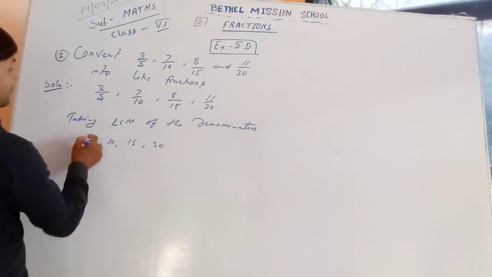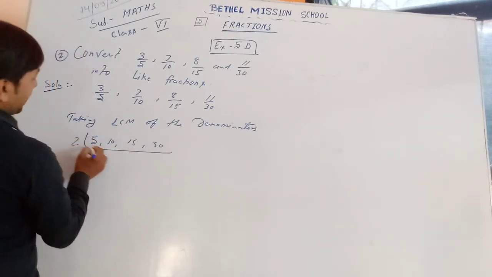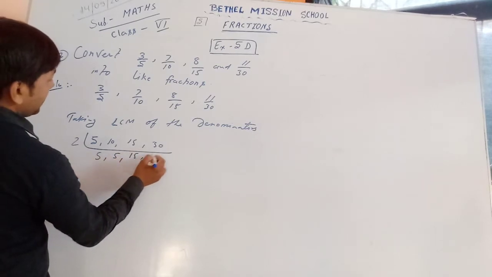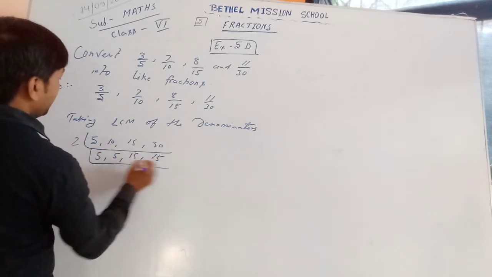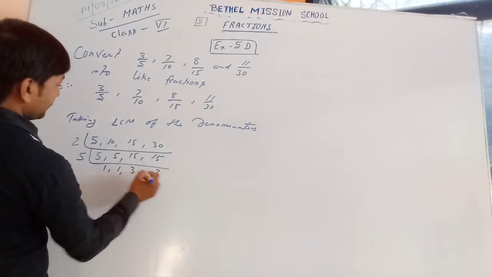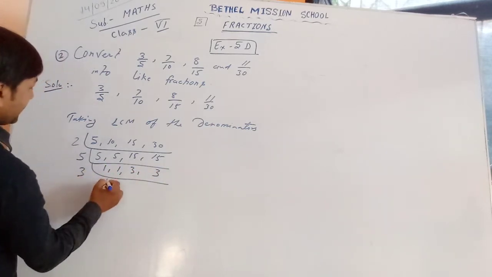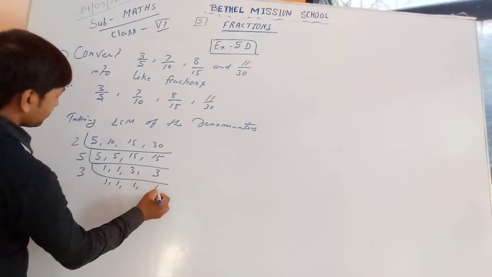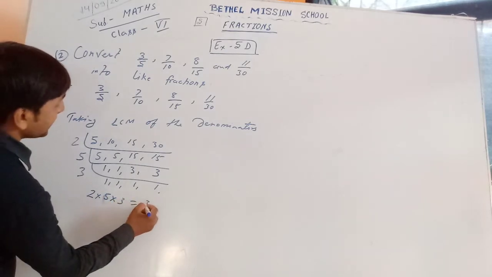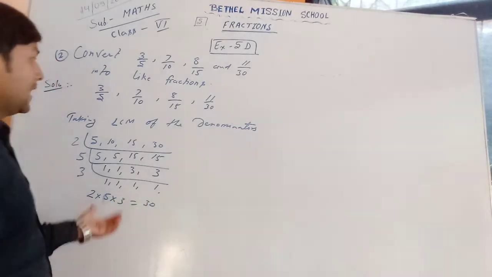Take the LCM, divided by 2, we get 5, 15 and 15. Divide by 5. Now again by 3. So the LCM becomes 2 into 5 into 3, which is 30. The LCM becomes 30.